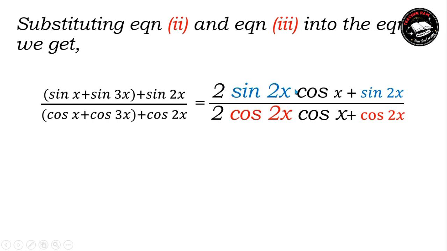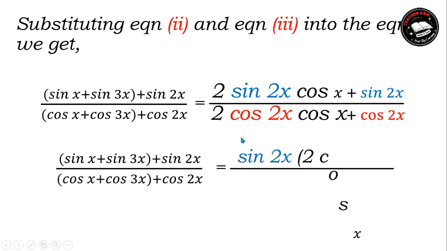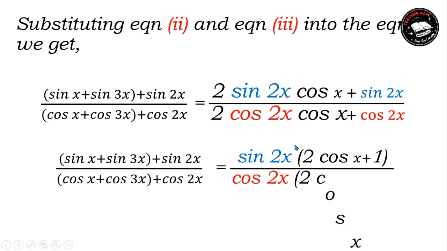So let us take sine of 2x as common in the numerator and cosine of 2x as common in the denominator. So we are going to take sine of 2x out. Inside we will remain with this one, 2 and the cosine of x, then plus 1. Similarly, taking out cosine of 2x in the denominator, we will remain with 2 multiplied by cosine of x, then plus 1 here.